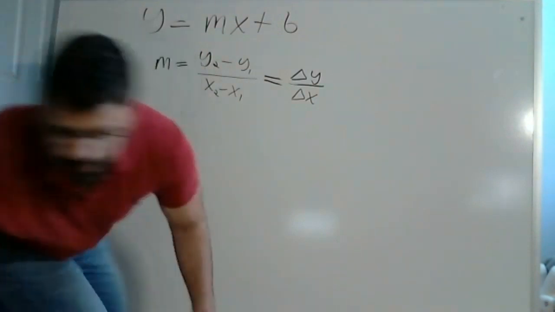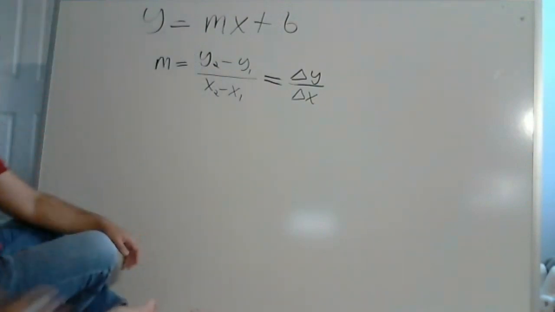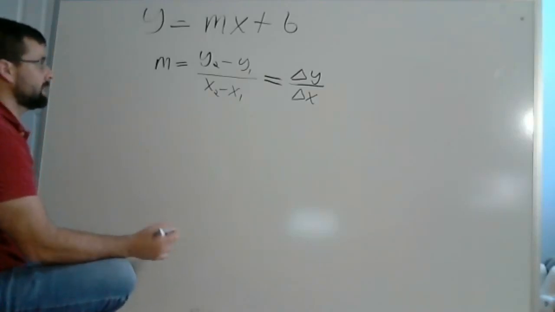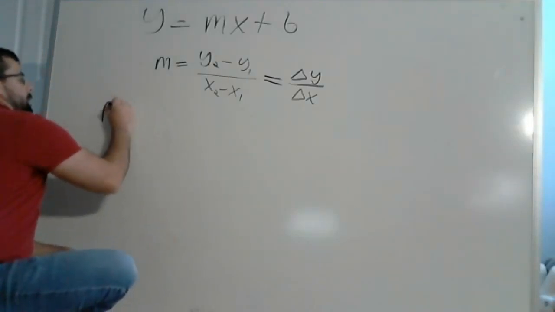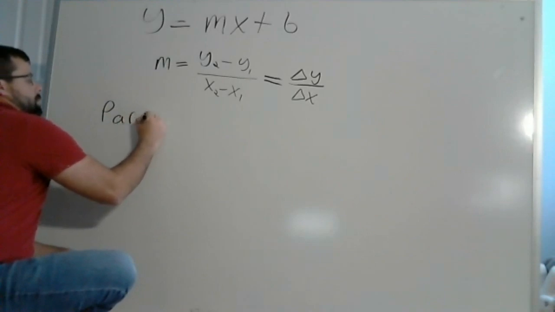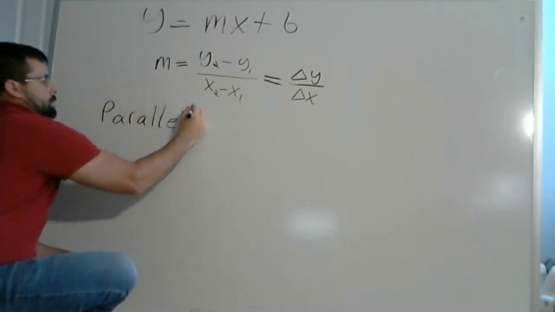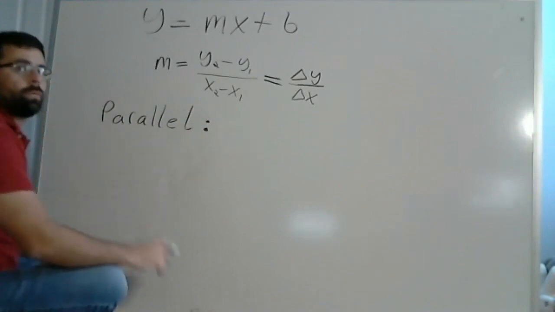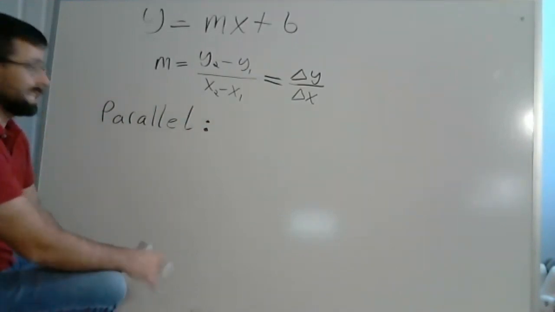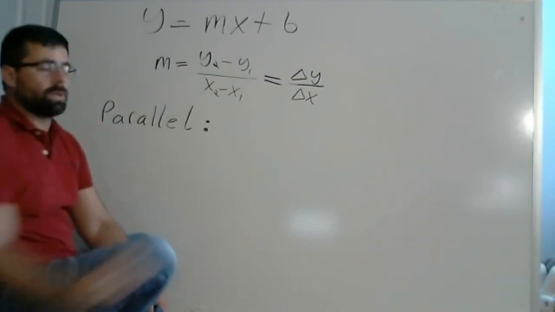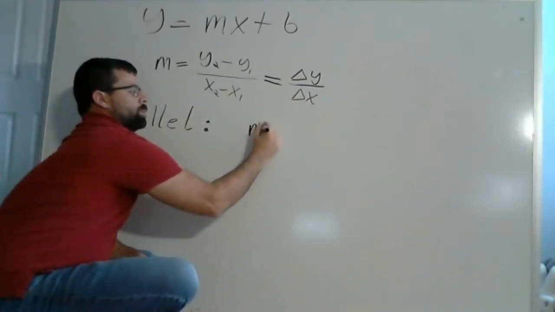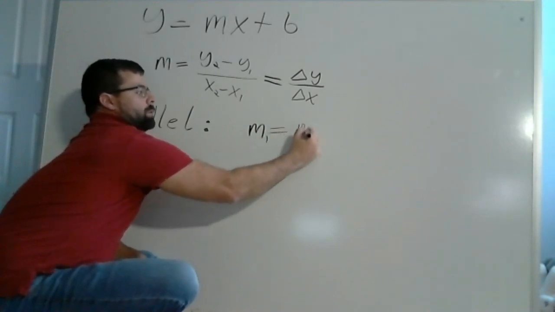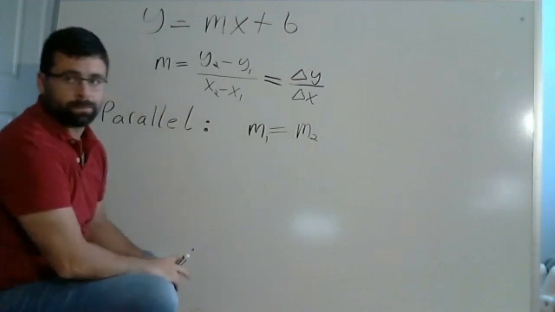We also had discussed some things related to what different slopes mean. For a line to be parallel to another one, we said the slope was equal in both lines.